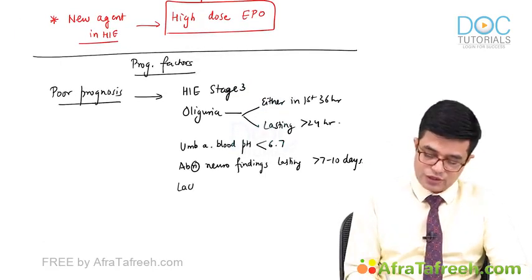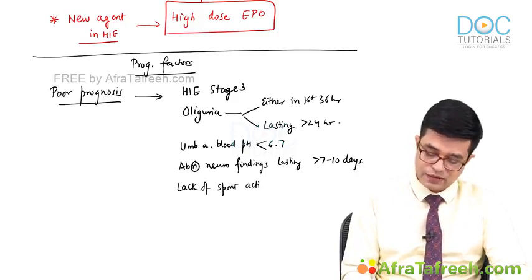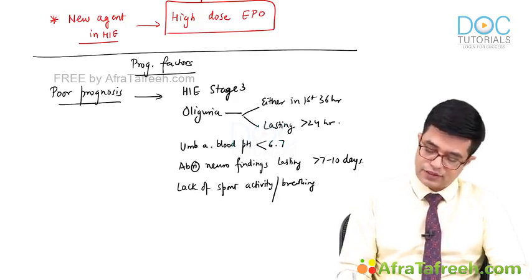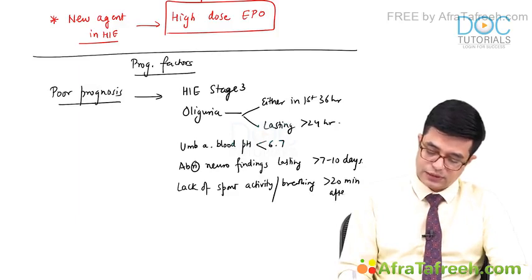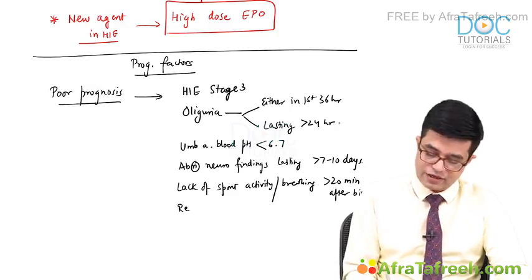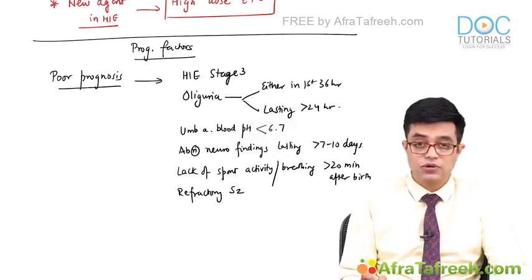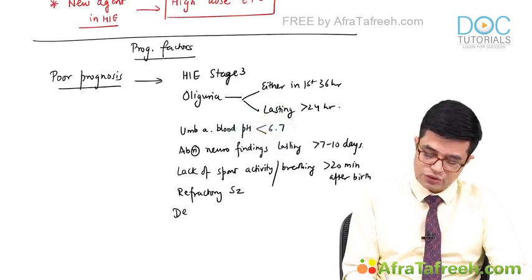If there is lack of spontaneous activity or spontaneous breathing, that is respiratory effort, more than 20 minutes after birth, again it carries a poor outcome. If there are refractory seizures, that is difficult to control seizures, it has a poor outcome. And finally, any child showing decerebrate posturing will always have a poor outcome.